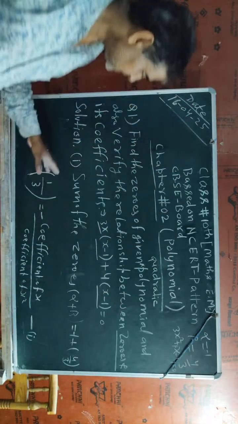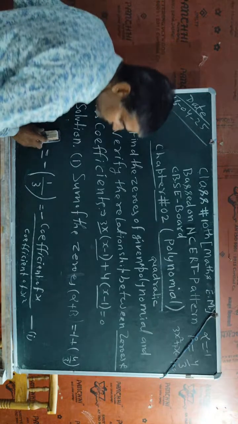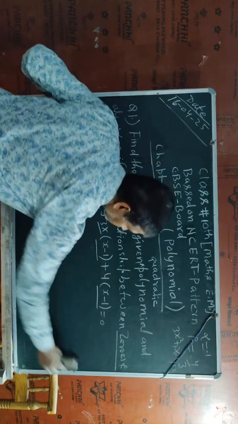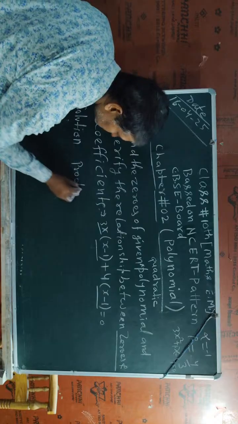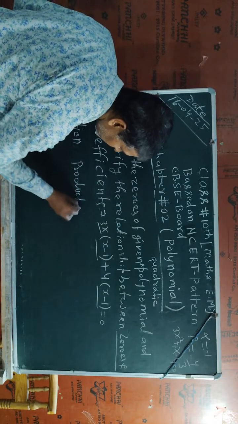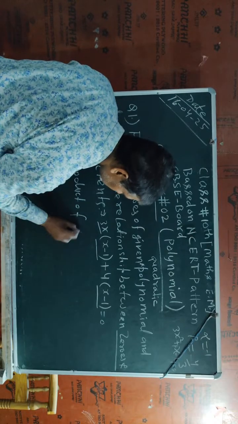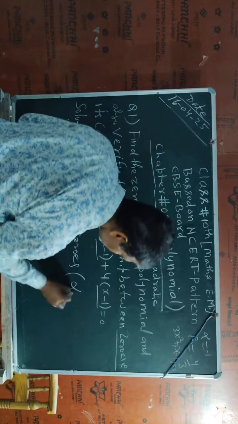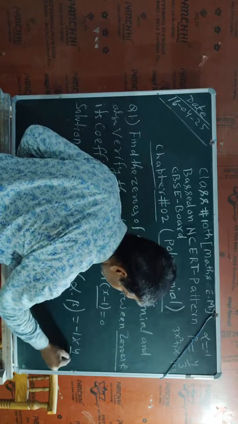Okay, next step I will say product of the zeros value. So I am going to also solve that one. Product of zeros means alpha into beta. It will become minus 1 into 4 divided by 3.